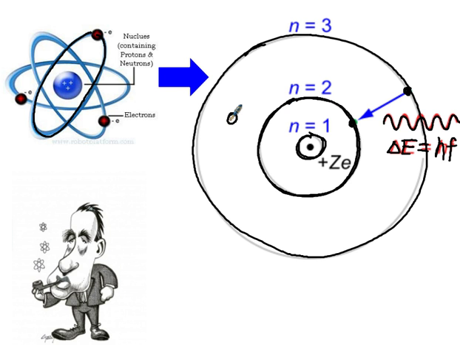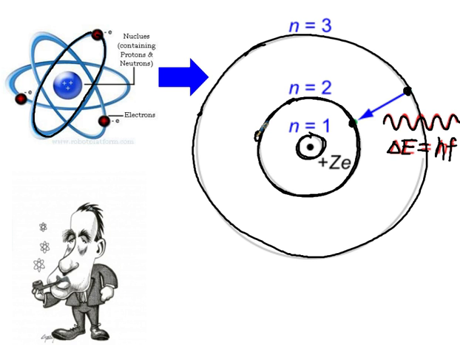An electron cannot be located between the third and second energy level. It can only be found in a stable state either on this level or on this level. Now, just like electrons can fall down and release energy, that's how we get some of those different spectrums, electrons can actually jump up as well.